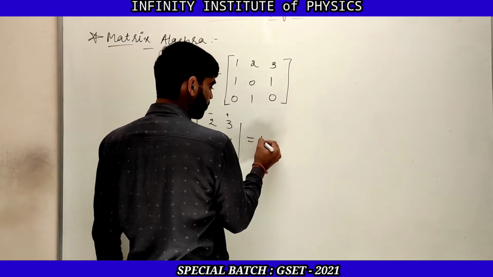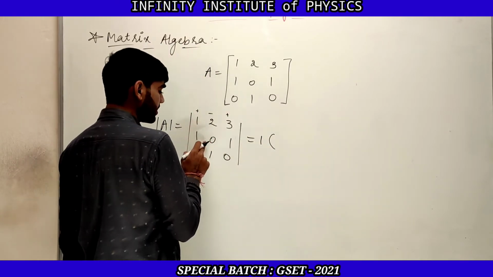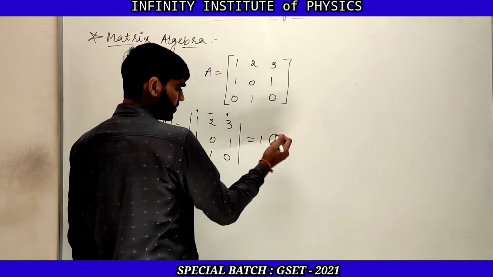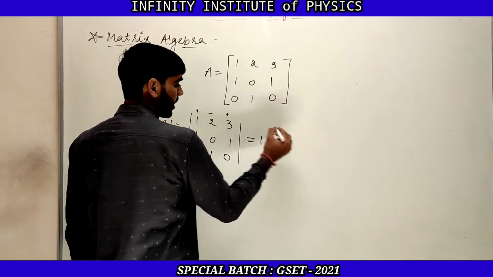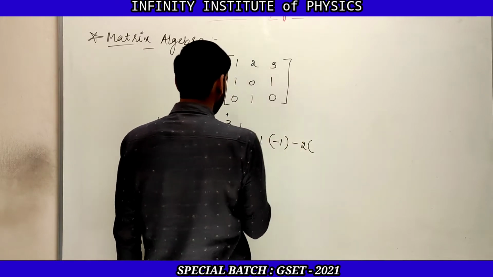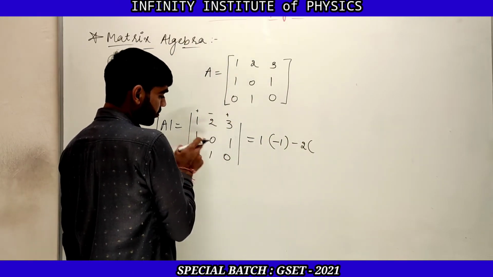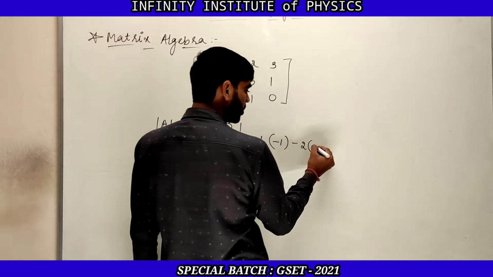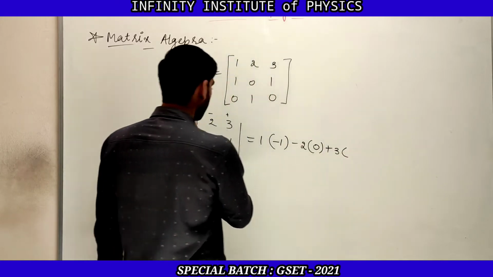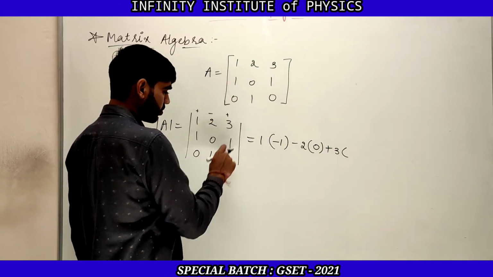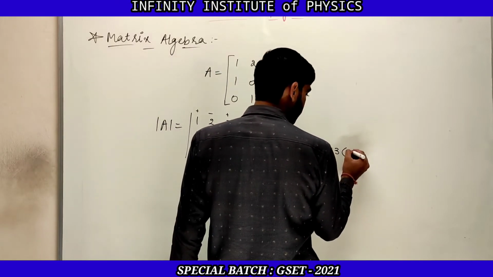So first plus 1, then neglect the column and row in which 1 is lying, so it is 0 minus 1, so that is minus 1. Minus 2, neglect the column and row in which 2 is lying, so 0 minus 0, so it is 0. And at last it is 3, neglect the first row and last column, so it is 1 minus 0, so it is 1.